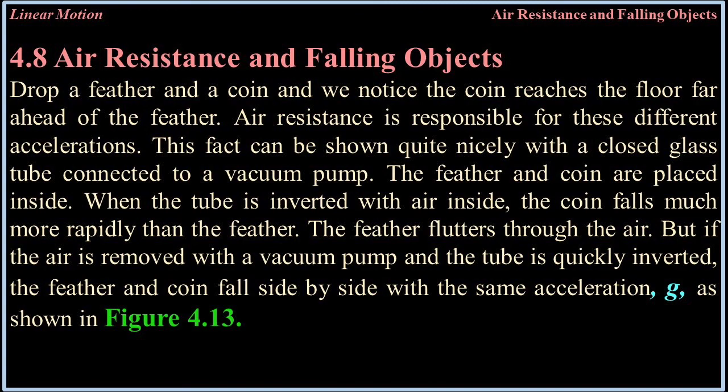When the tube is inverted with air inside, the coin falls more rapidly than the feather. The feather flutters through the air, but if the air is removed with a vacuum pump and the tube is quickly inverted, the feather and the coin fall side by side with the same acceleration g, as shown in figure 4.13.